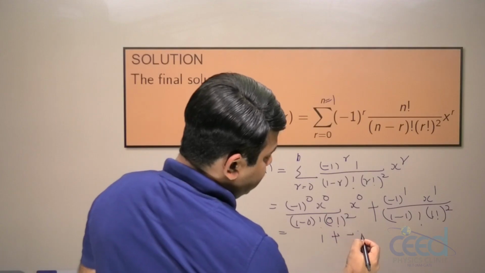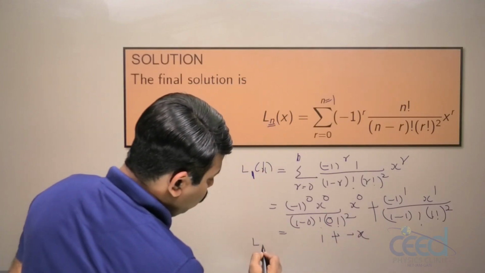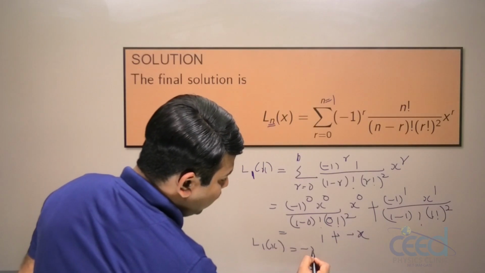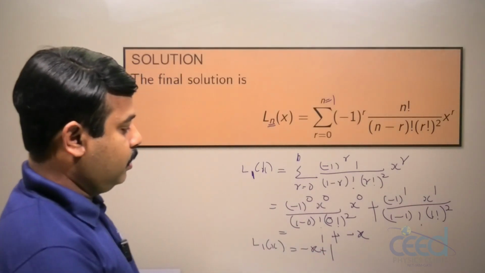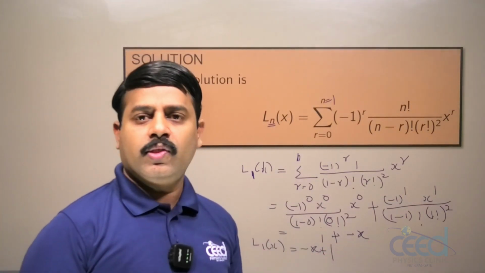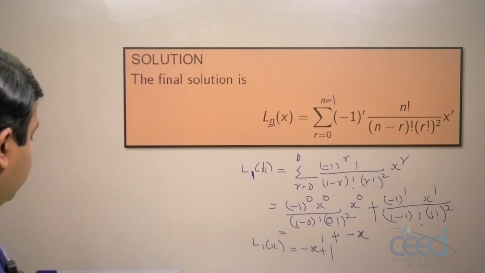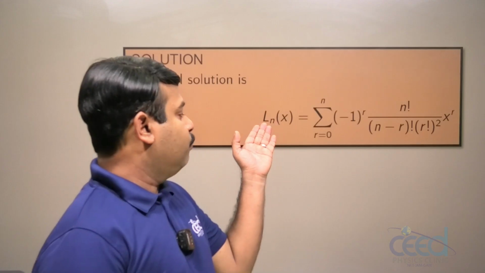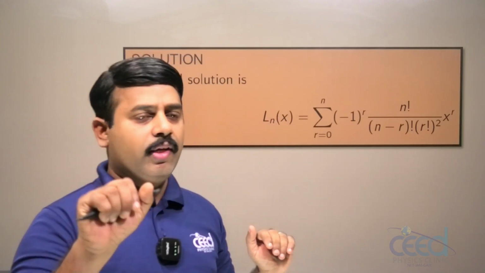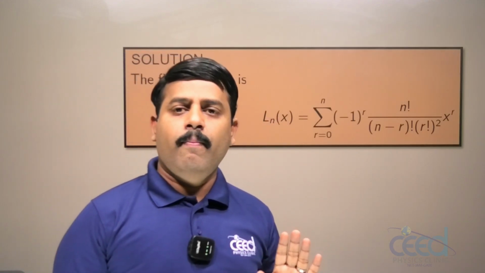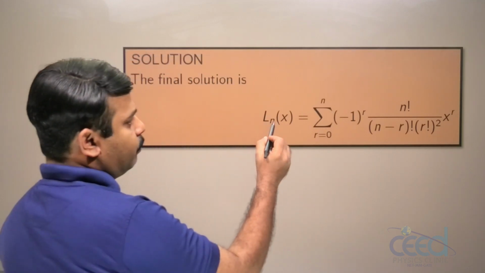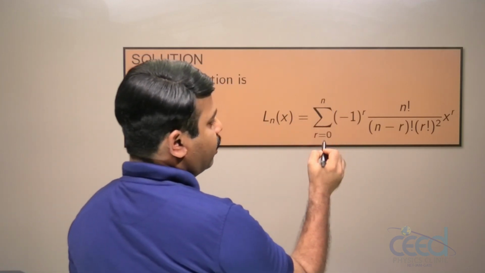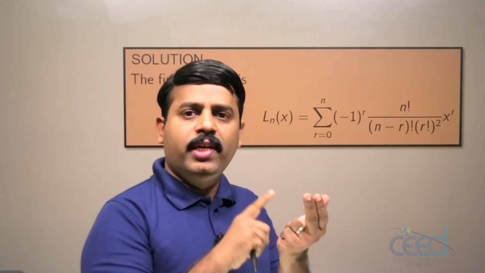So L1 of x you can write as minus x plus 1. Now, by solving, first L0 of x you are getting 1, L1 of x you are getting minus x plus 1. Similarly, put n equal to 2, then r can receive 0, 1, 2.